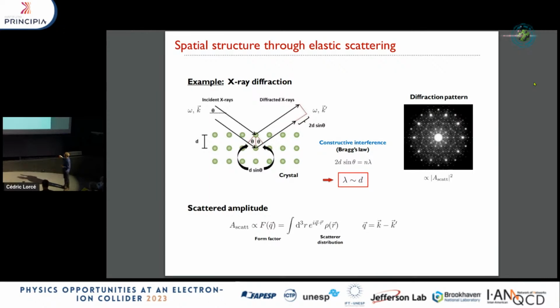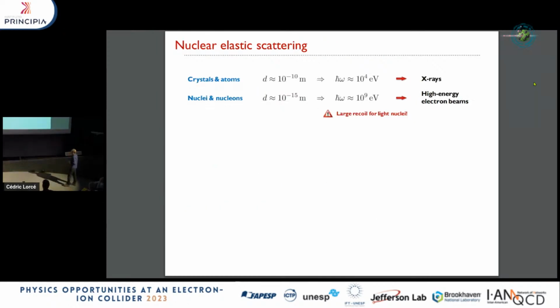And what you measure is the result of that, so you get essentially figures like this, a diffraction pattern, where the intensity of light gives you essentially the square of the wave amplitude. And to understand the physics of that, essentially, the amplitude is just a superposition of the plane wave associated with each scatterer. So that's basically the origin of why we think that the Fourier transform of form factors is the charge distribution and vice versa.